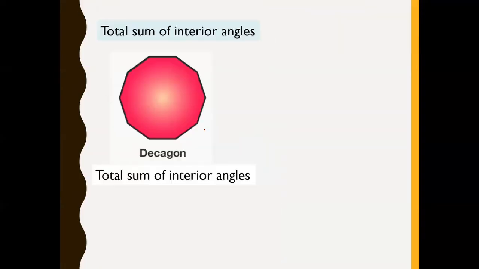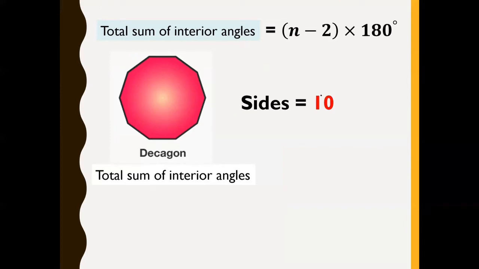Let's try the exercise. Can you find the total sum of interior angles for a decagon? How are you going to find it? Remember the formula first: n minus 2 multiply with 180 degrees. A decagon consists of 10 sides, so n is equal to 10.